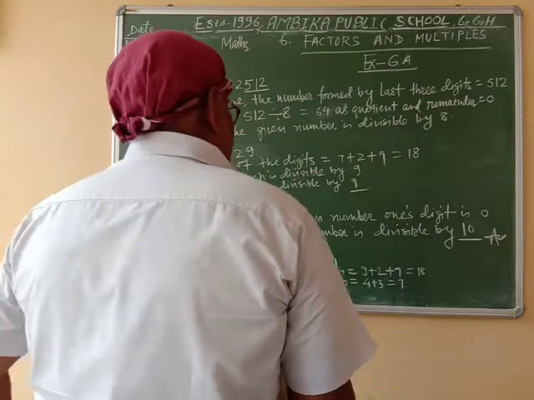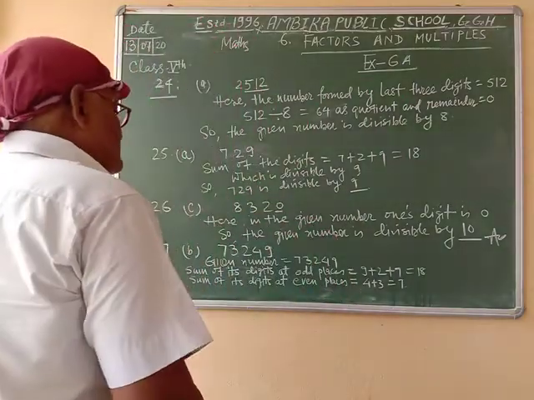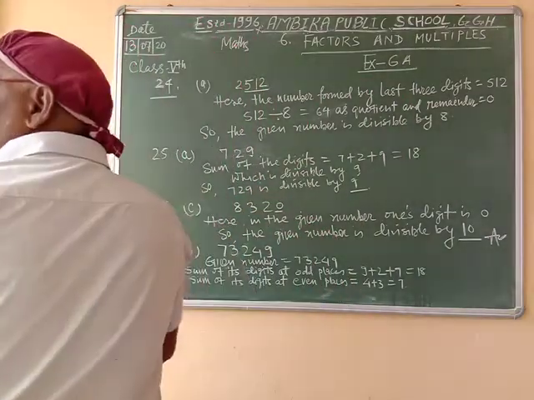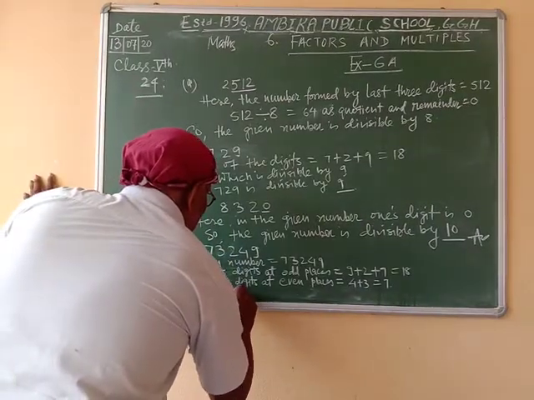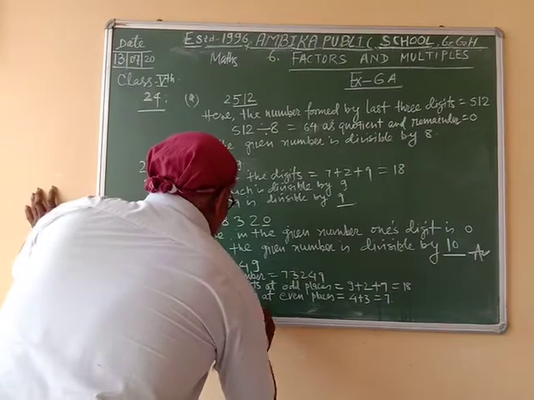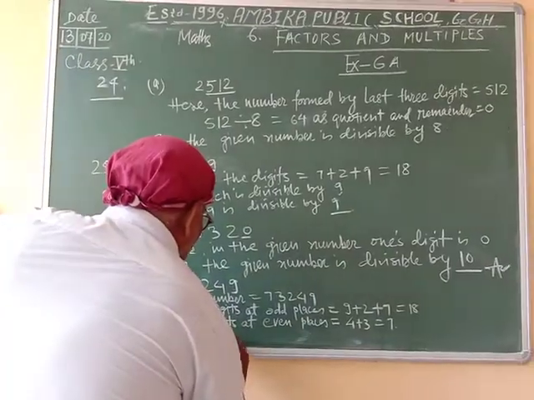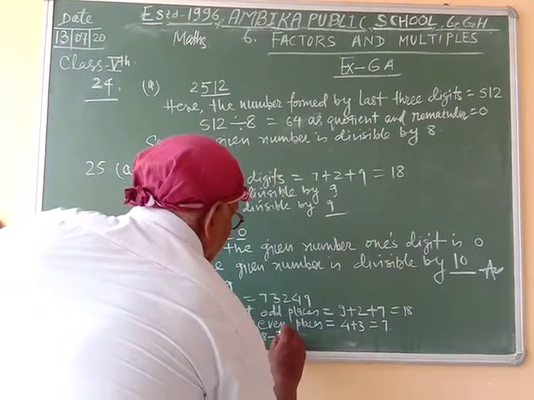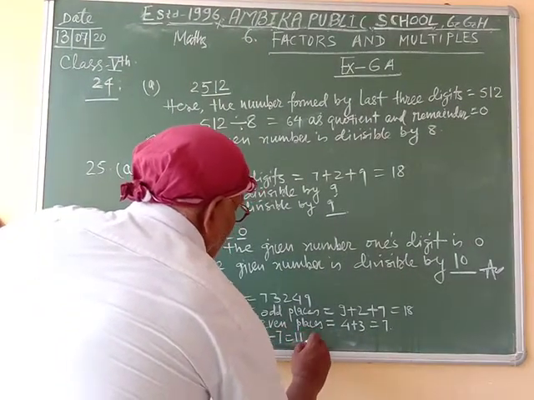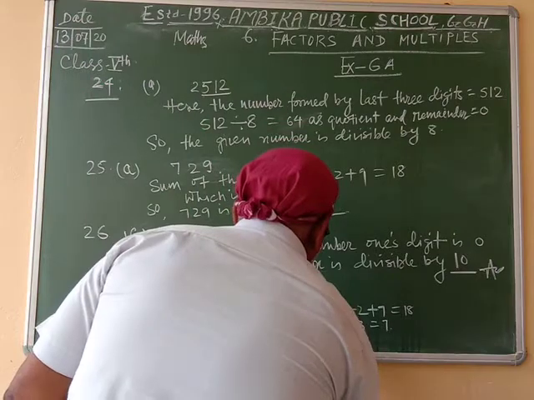Now we find the difference between the sum at odd places and the sum at even places. Difference is equal to 18 minus 7 is equal to 11, which is divisible by 11.